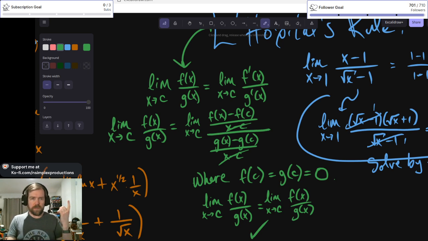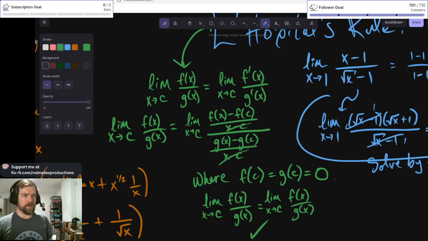So we use the definition of derivative to prove L'Hopital's rule as long as the particular point c is a zero of those particular functions, f of c and g of c.